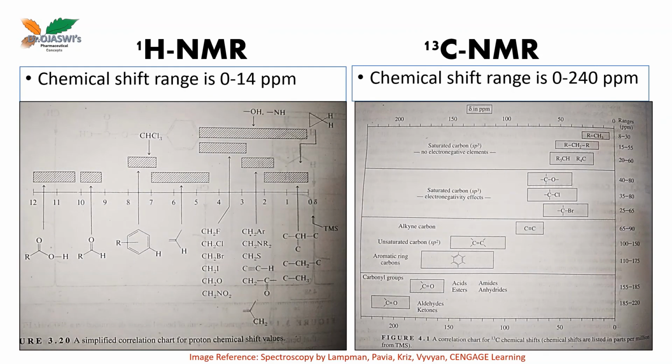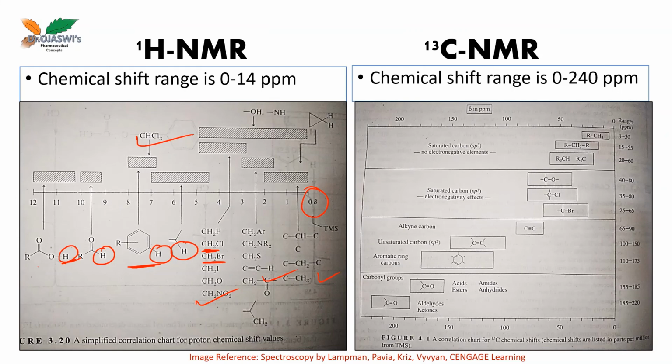see the different types of hydrogens, hydrogen which is attached to the carbon of the benzene ring, carbon which is attached or closer to a double bond, hydrogen which is attached to the carbon which is closer to halogens. Okay, so we can see here the delta scale for 1H NMR, that is proton chemical shift values for different types of hydrogens.